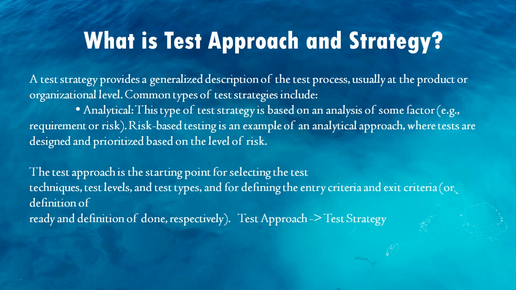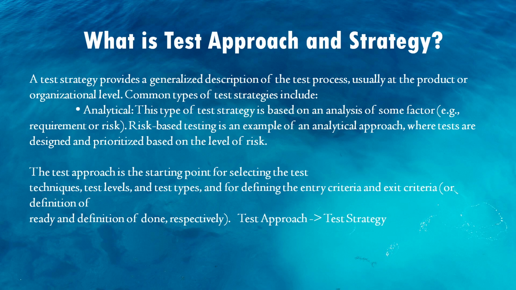An approach or strategy is nothing but how you are going to approach the whole testing process. It mainly depends on the requirements. Sometimes there is a risk-based approach, where you just highlight the areas of risk and test only that area.